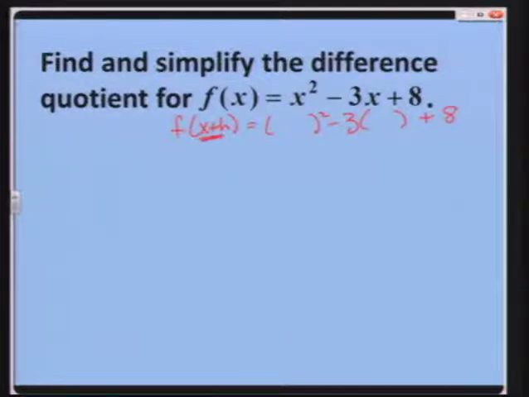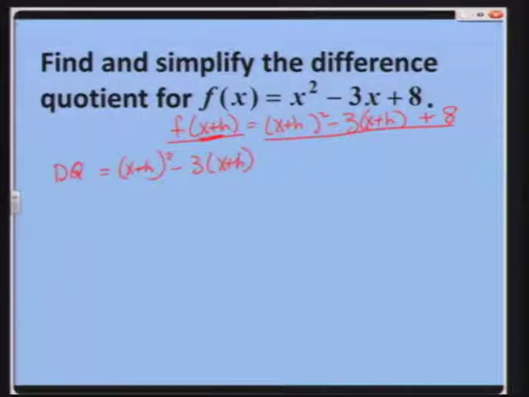And I'll put in those empty parentheses x plus h. So now my difference quotient is f of x plus h, which is x plus h quantity squared, minus 3 times x plus h, plus 8.